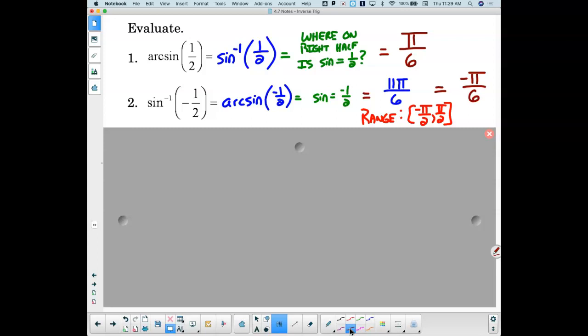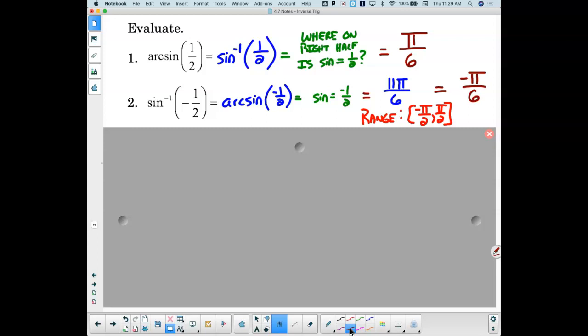So you'll either be at pi over 6, pi over 4, pi over 3, or negative pi over 6, or pi over 4, pi over 2. But they'll be negative.